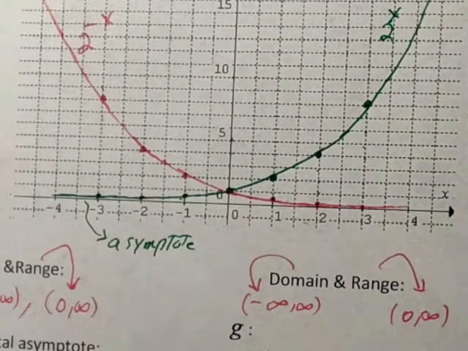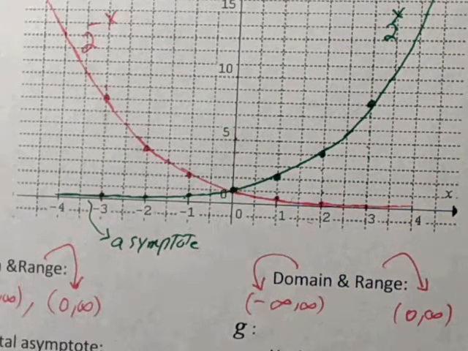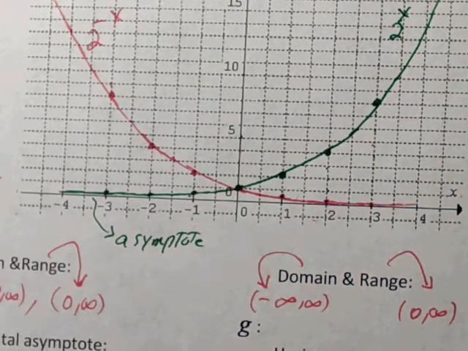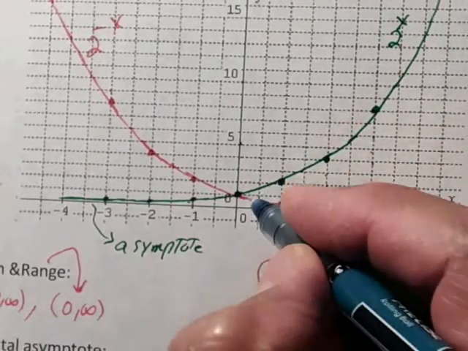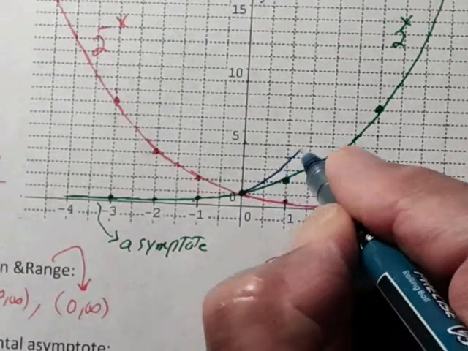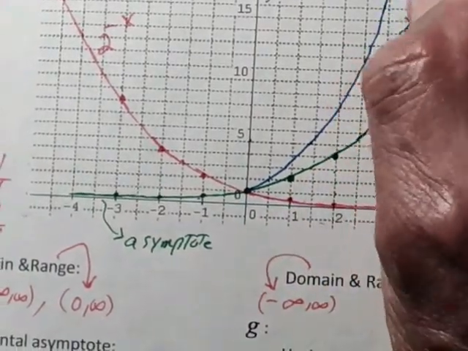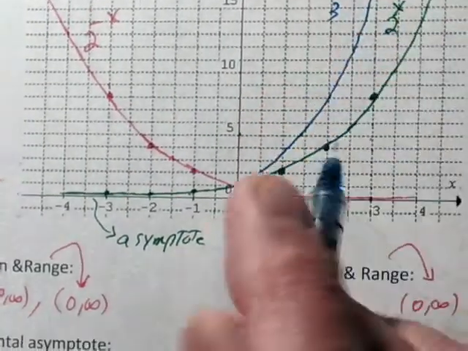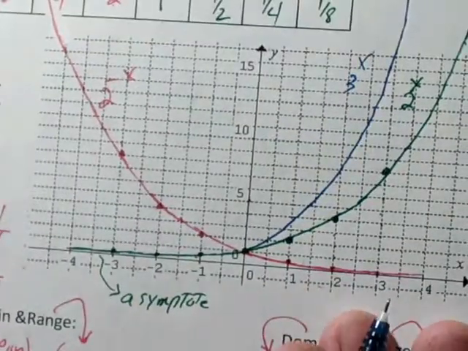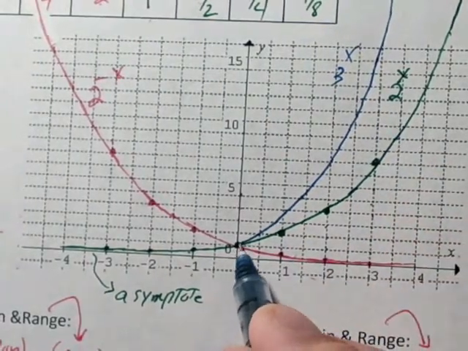So, in other words, if I want to show this on my graphing calculator, let's see if I can find another color, blue. Here we go. Just use this blue here. So this is 3 to the power x: on the right side it is above 2 to the x, and on the left side it goes below it, you see.